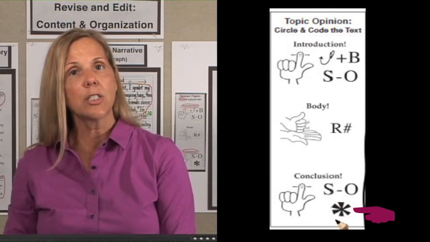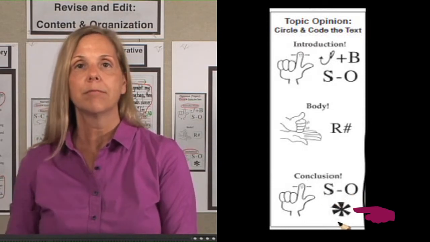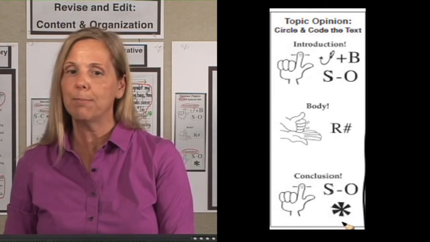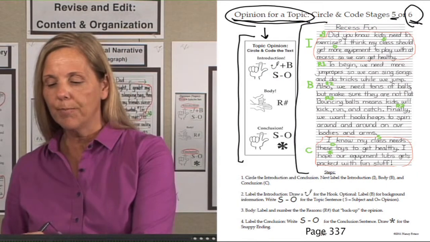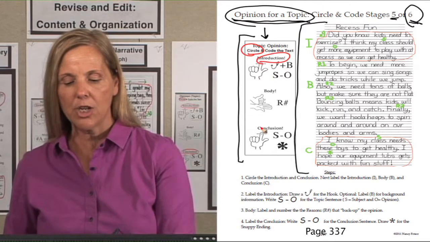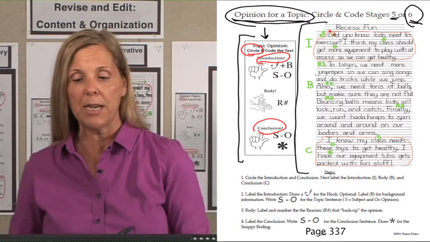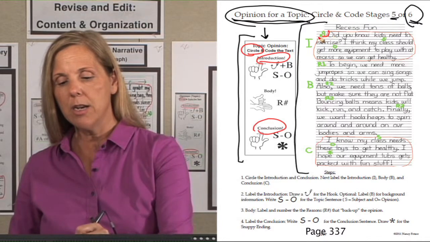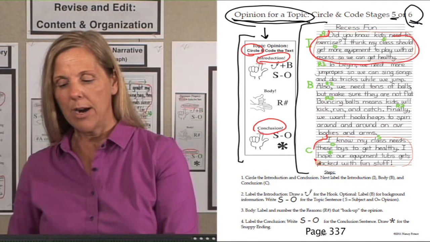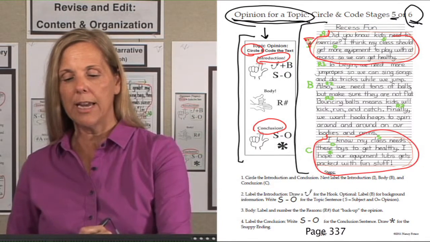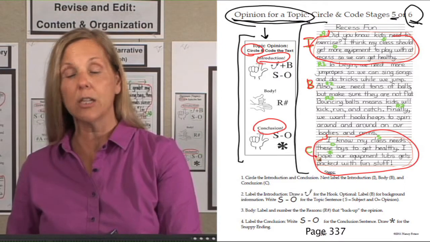And at a stage 6, we would have a snappy ending. Stage 5, no snappy ending. So we're going to circle with red our introduction and our conclusion. This was a stage 6 3-paragraph opinion. So we went to paragraph 1 and we circled it. Last paragraph, circled it. Go back, label, introduction, body, conclusion.